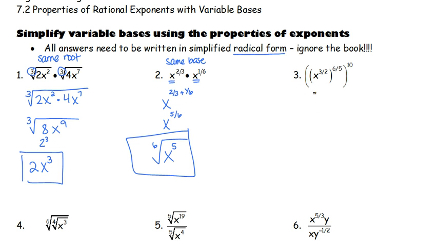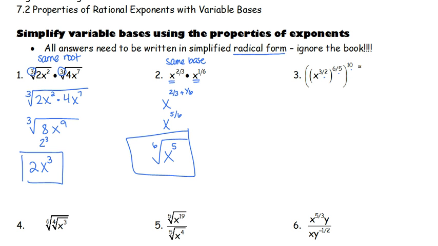Number 3. We have x to the 3/2 raised to the 6/5 raised to the 10th. We have a power raised to a power raised to a power. And our rule of a power to a power means we multiply. So we are multiplying 3/2 times 6/5 times 10.